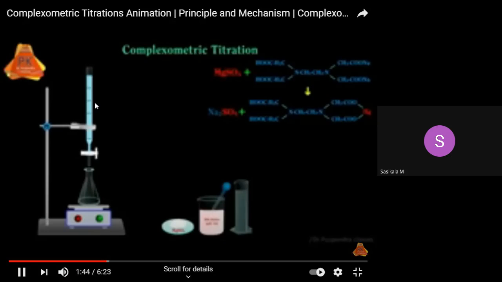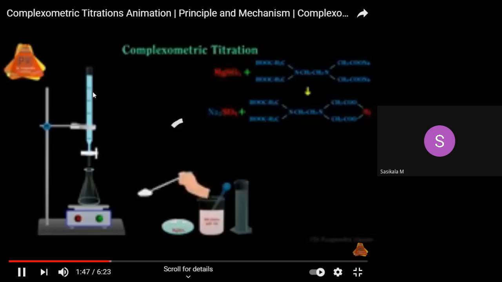And here the conical flask is found. The burette content is a known concentration of EDTA. That is your titrant, EDTA. Here is the chemical structure you can find. Now add magnesium sulfate to the conical flask.